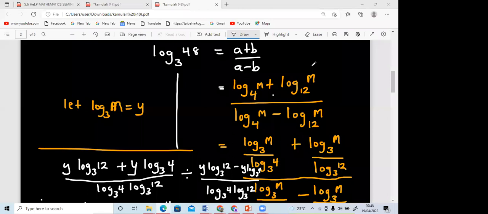It's not a must that you come from one end. You can come from either side, but always look out for the easier way of getting to the answer. But in case you want, we could as well have it.